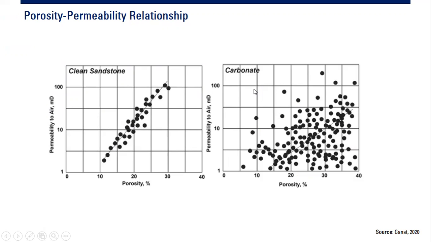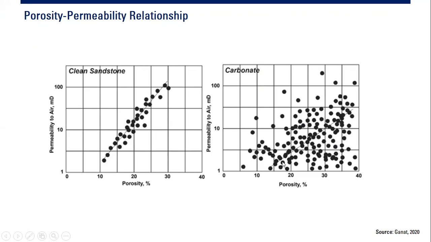But for carbonate, it can be very, very heterogeneous. So it can be very difficult to create or to see a correlation between porosity and permeability. Because in sandstone we usually have primary porosity, but in carbonate we usually find secondary porosity, fractures, something like that.